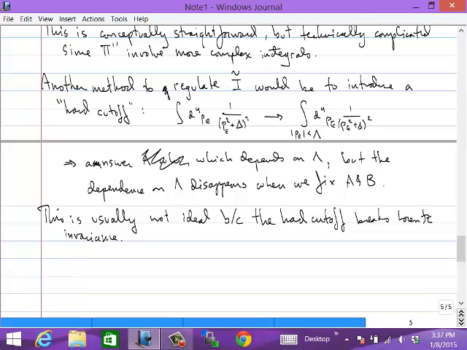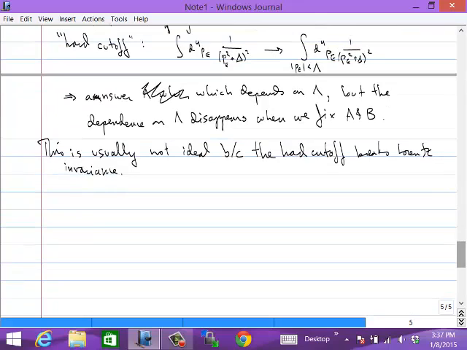So a third method that one could use, and that's the method that I think I'll use to do the calculation today, is known. So any questions on this before I continue? So these two methods that I've just introduced, the derivative method and the hard cutoff, both have the advantage that they're very physically easy to understand, because it's very natural to cut off an integral this way.